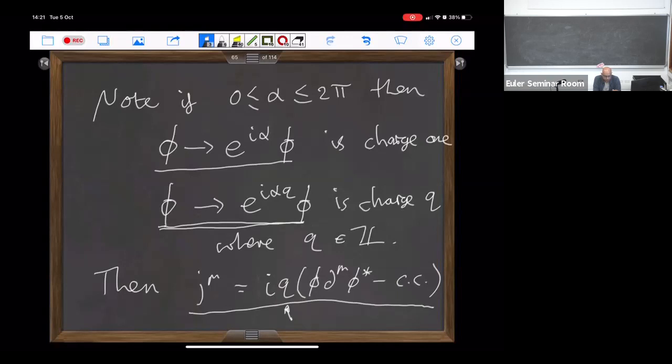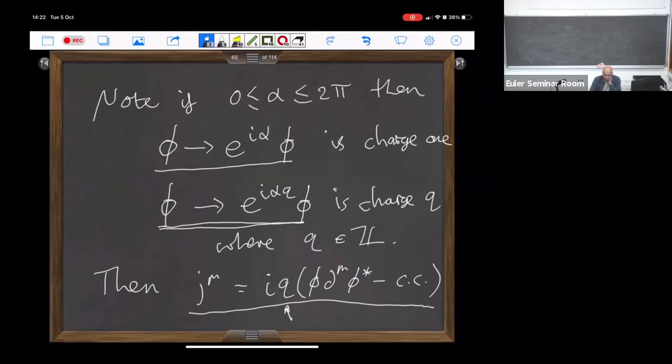And that is true because it's related to quantization of fluxes. In order to really answer the question, one would have to couple this U1 to a background, couple this field to a background gauge field. We haven't introduced gauge fields yet.